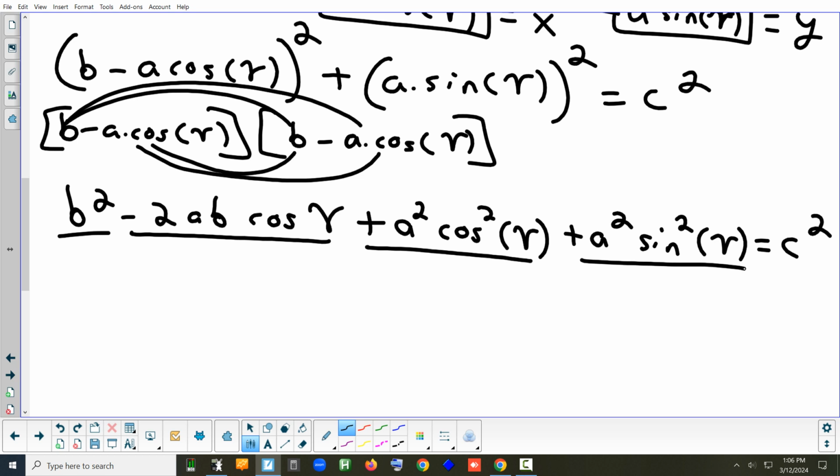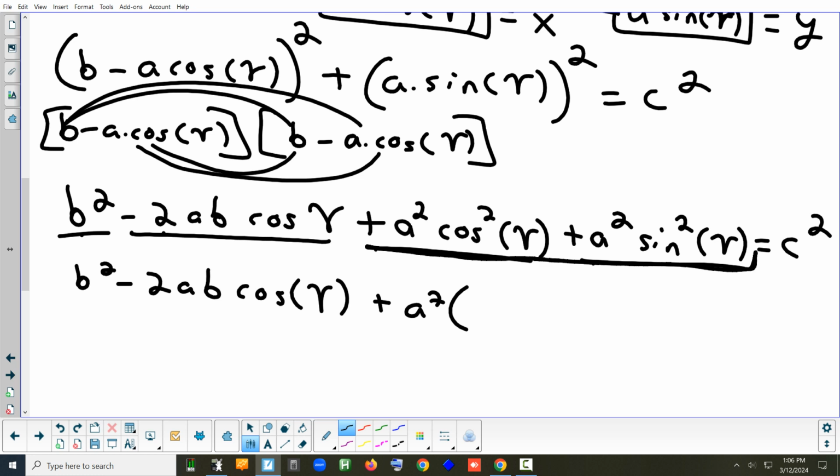Which two terms could you factor something out of, and you're going to be left with a trig identity? Terms 3 and 4. What could you factor out of terms 3 and 4? A squared. So let's factor it out. And what are you left with if you factor a squared out of that whole thing? What would be left inside the parentheses?